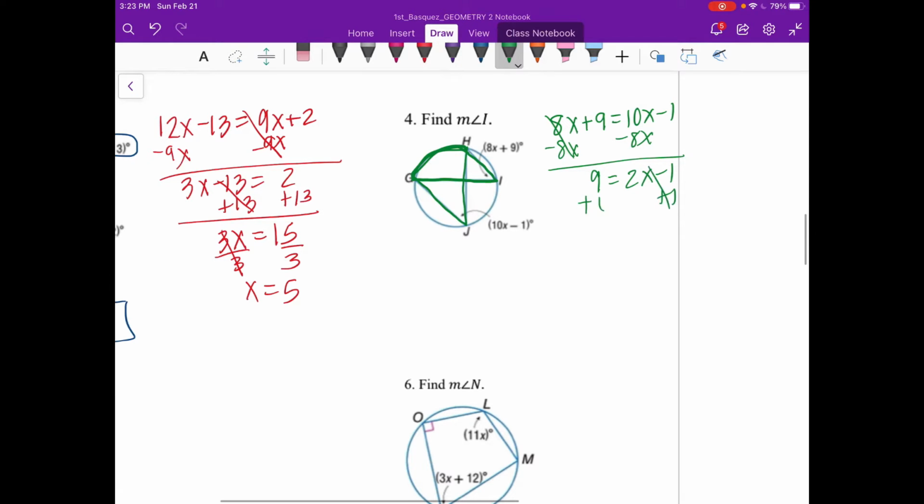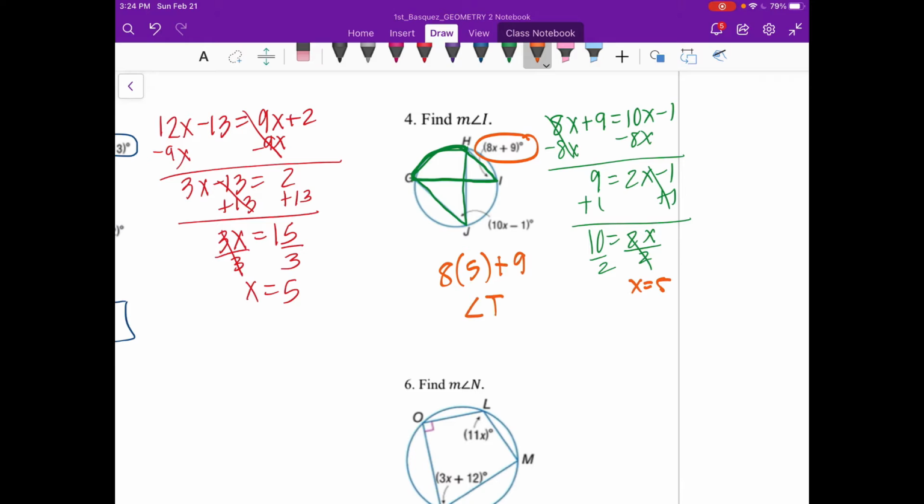Add the 1 over. 10 equals 2x. And then I divide by 2. Remember, this is not your final answer because you still want to substitute back into angle I and figure out the angle measurement. So I get x equals 5 over here. I didn't write down the answer. Plus 9, so angle I comes out to be 49 degrees.